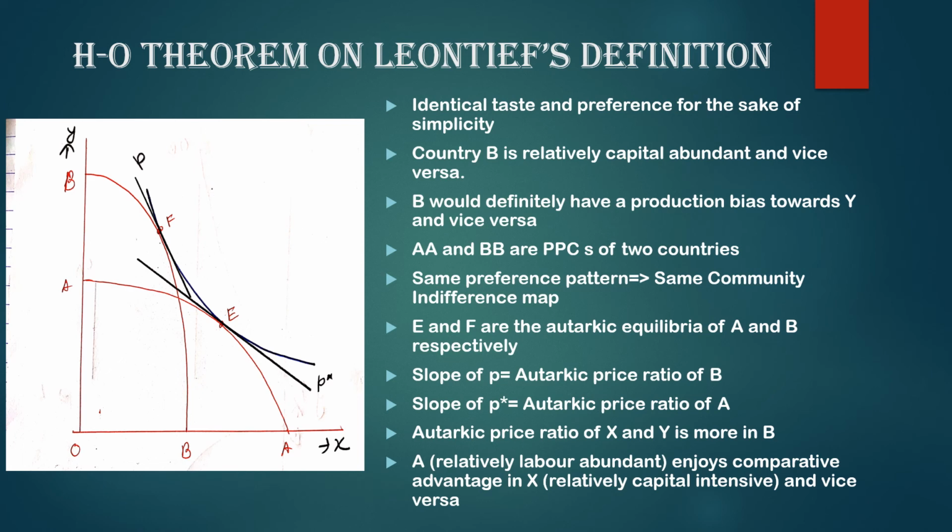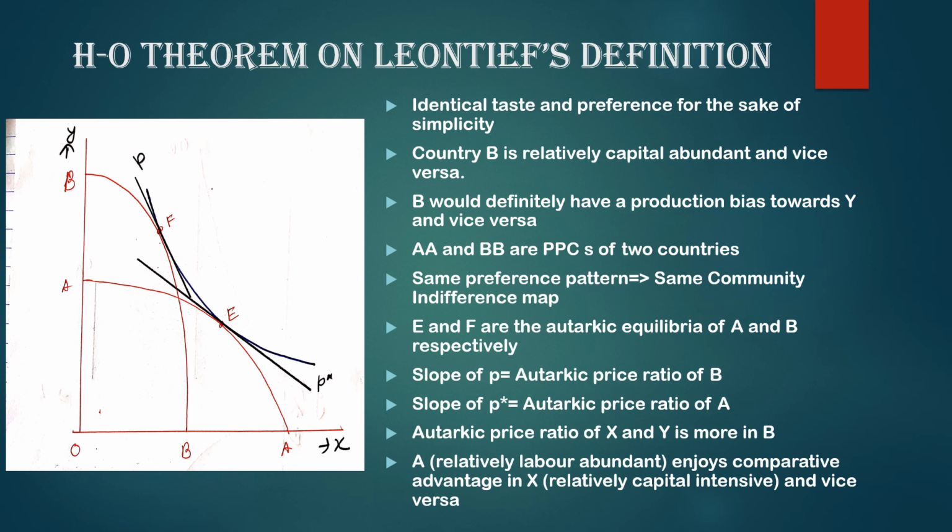So F will represent the autarkic equilibrium of country B, production equilibrium as well as consumption equilibrium. So what will be the autarkic price ratio? That will be represented by the slope of P, the tangent of CIC and PPC at point F.